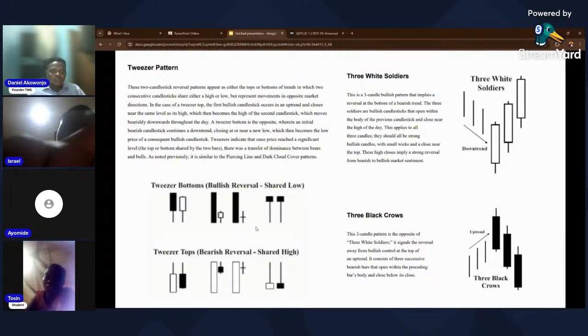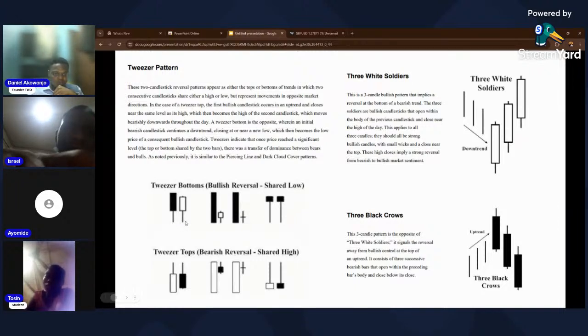Now pay attention to something. Look at this shared low. What does that mean? Do you see this low and this low? They're on the same level. Do you see that their wicks are also on the same level?